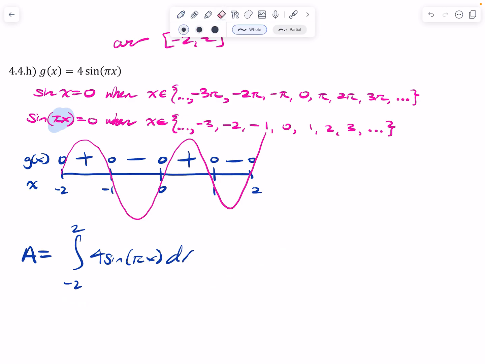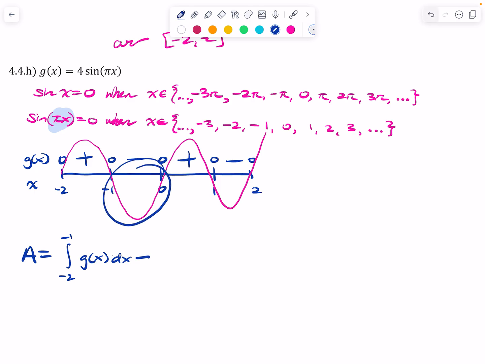Remember, we are breaking this into chunks. So we're going to find the integral from -2 to -1 of g of x exactly as it is. And we're going to subtract the integral value from -1 to 0, because its integral value would be negative, so subtraction for that.